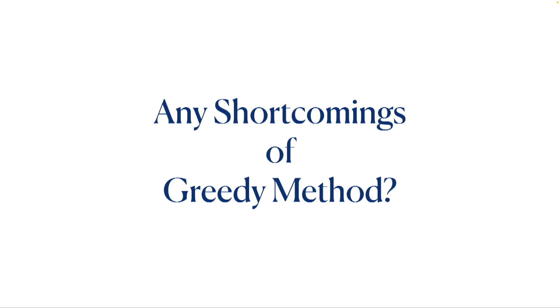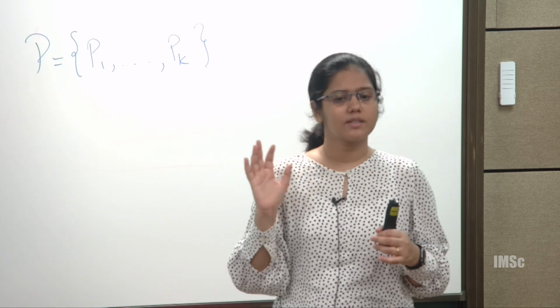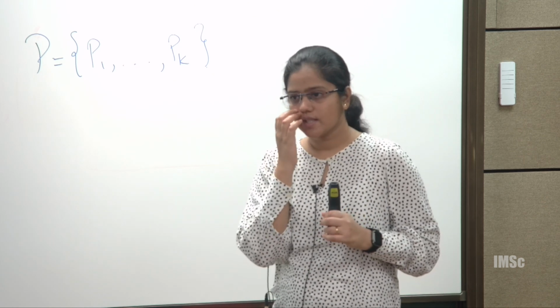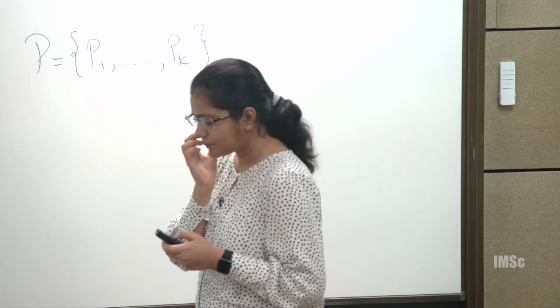So, I will fund that project. Now, I do not have budget to fund any other project. So, all those remaining voters are unsatisfied, nothing is funded of their choice. That is a shortcoming of the greedy method.